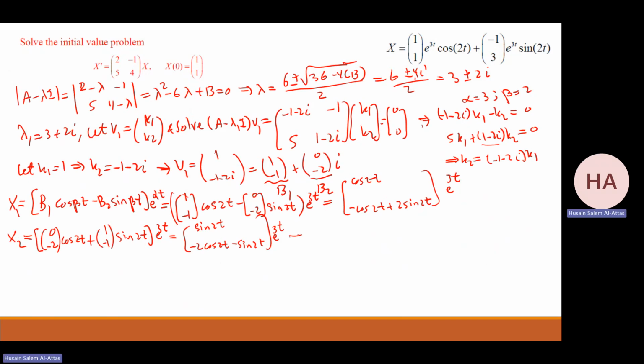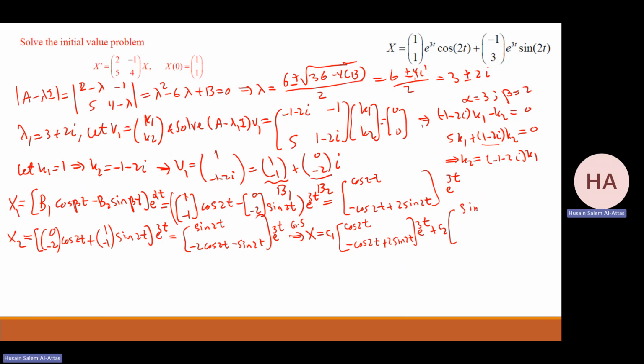What will be my general solution now? X will be C1 X1. Yeah, let me rewrite it. C2 times what?